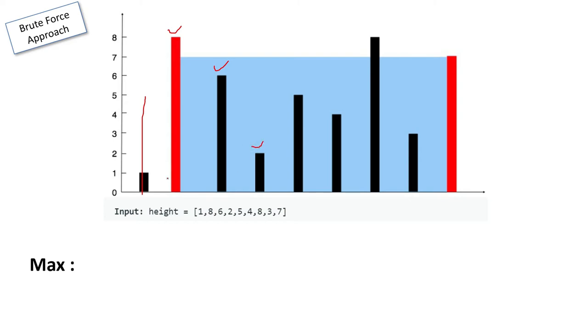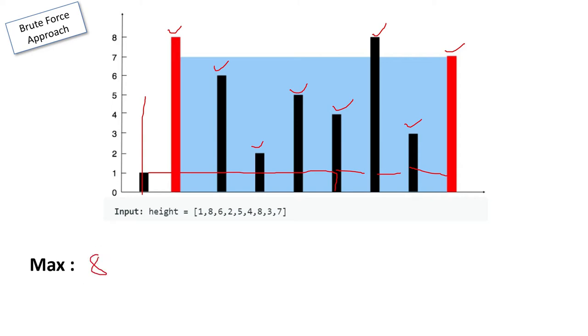Then here it will be 3, here 4, here 5. Why is it 5? Because this part can hold the water. Then this part can hold 6, this part 7 and this part 8. So if the position of the first bar is fixed and we compare with each and every bar, the highest water it can hold is 8.